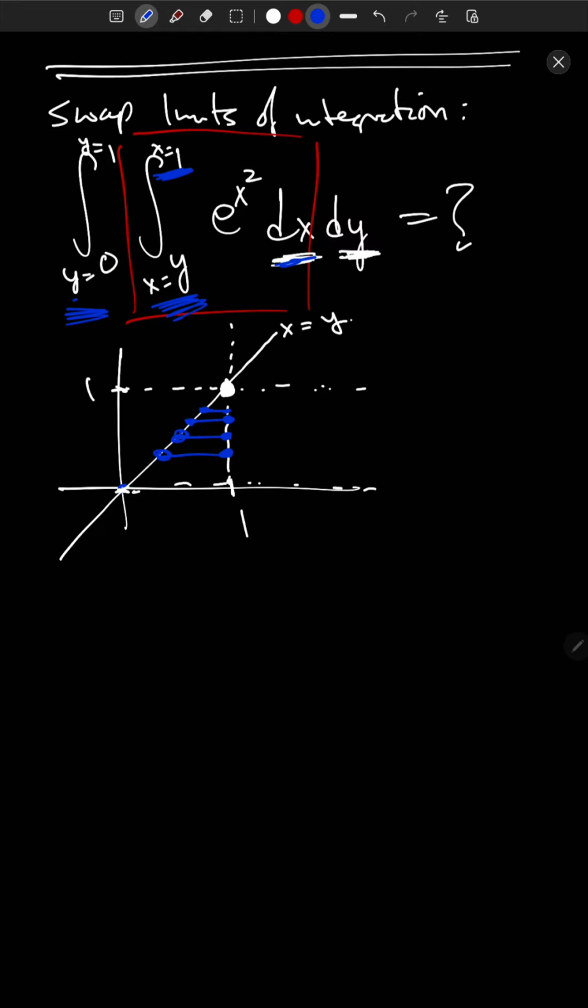We start at y equals 0, so we start here, we go to there, and we do all these horizontal lines until we get to the top right there. So this reproduces my region. I know my region is this particular triangle down here. If you didn't do this, you could easily have made the mistake of thinking that the region was perhaps this triangle up here, which it's not.